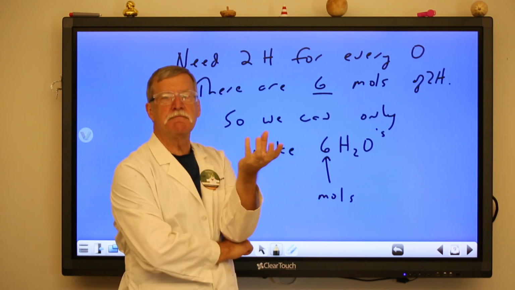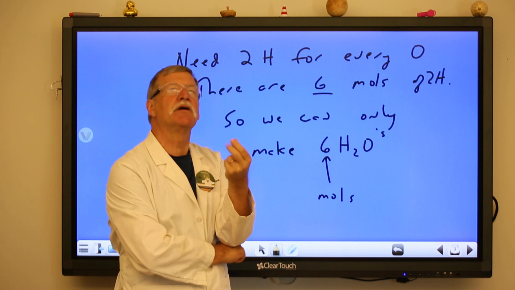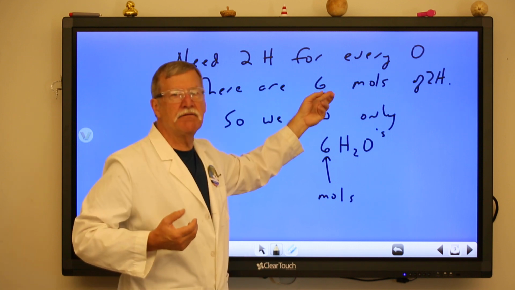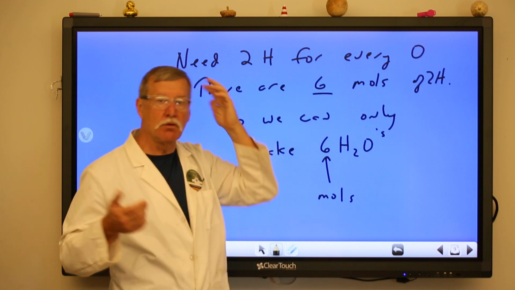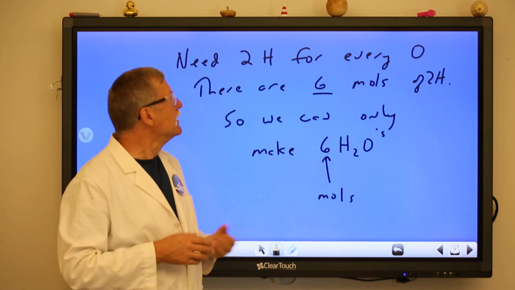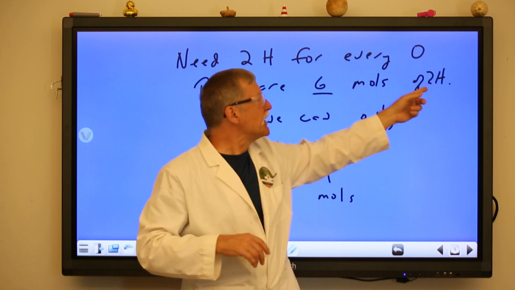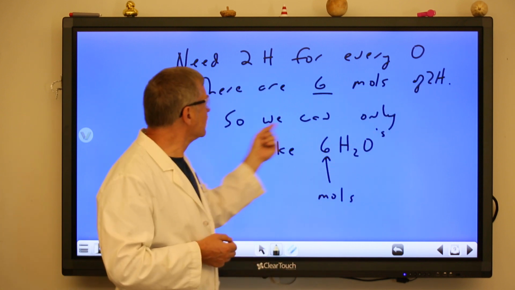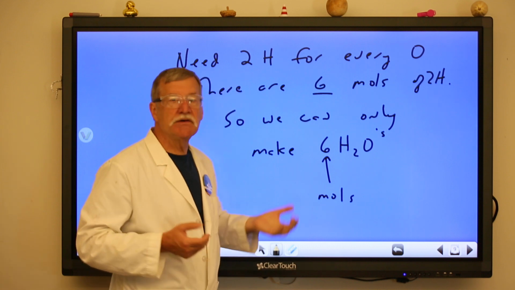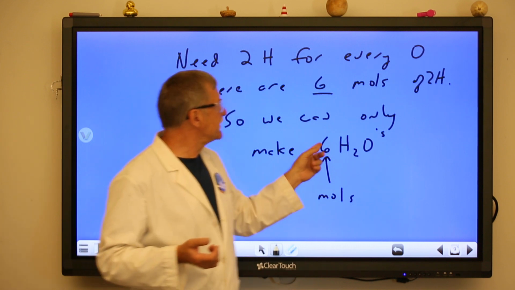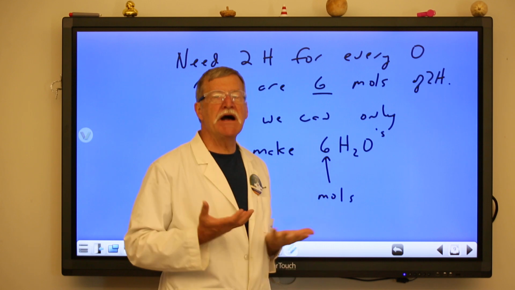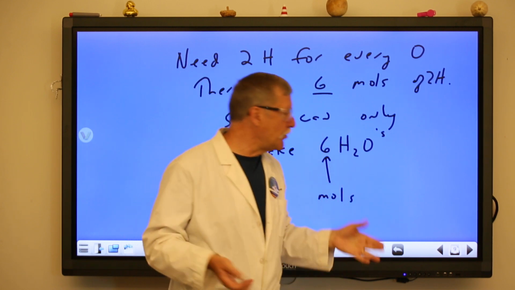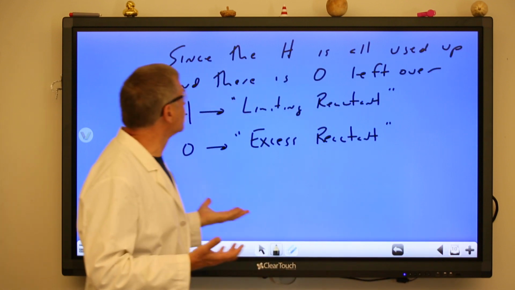If we take hydrogen and break it into groups of 2 that we're going to need for each 1 molecule of water, that means I can have 6 of these groups, we'll call them moles, that's what chemistry uses moles for, it's our units. 6 moles of 2 hydrogen atoms. So we can only make 6 moles of water because that's the amount of hydrogen we have. Yes, we have more oxygen, but that's left over. And that's the whole idea.